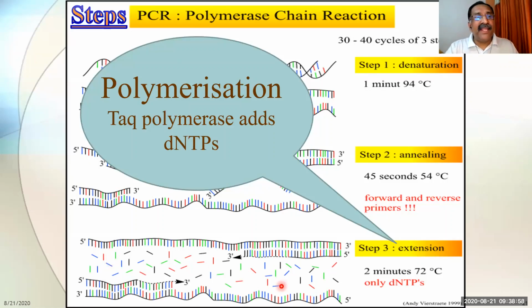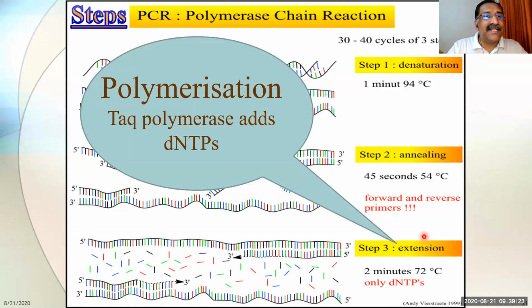That means in around 4 minutes, the 3 steps are completed, which means one DNA strand is divided and you get two strands. This entire process, the completion of all three steps and getting two DNA from one DNA, is known as a cycle.